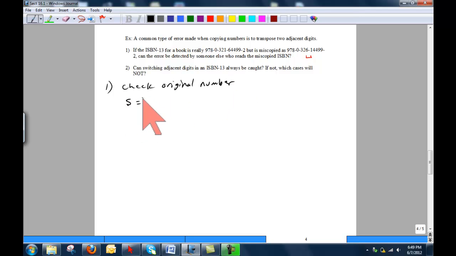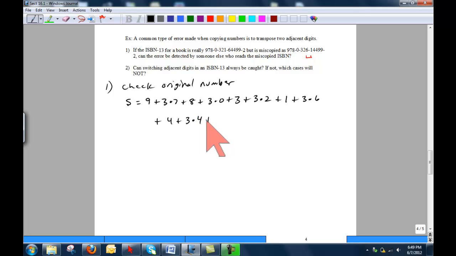That would mean to compute S equals 9 plus 3 times 7 plus 8 plus 3 times 0 plus 3 plus 3 times 2 plus 1 plus 3 times 6 plus 4 plus 3 times 4 plus 9 plus 3 times 9 plus 2.